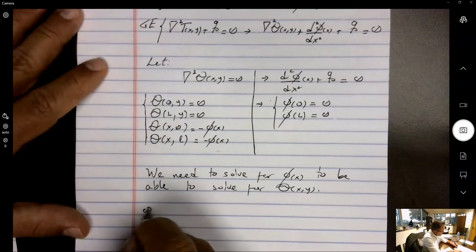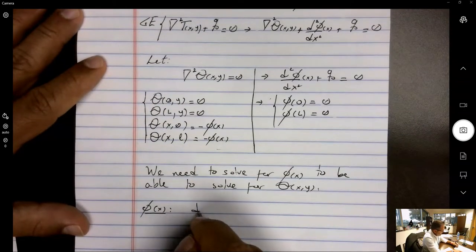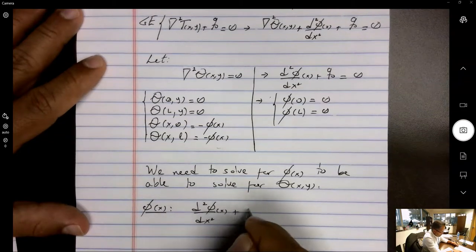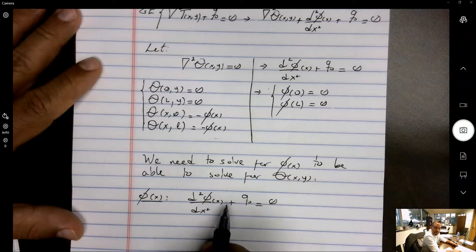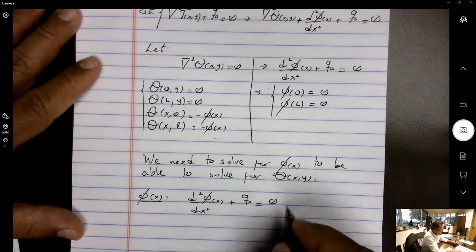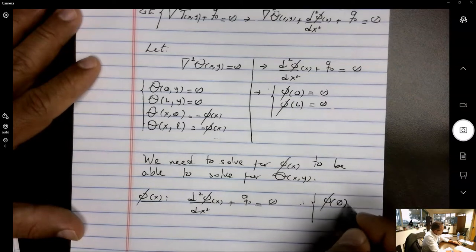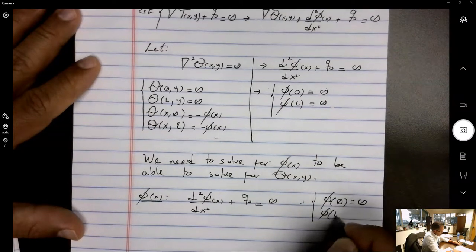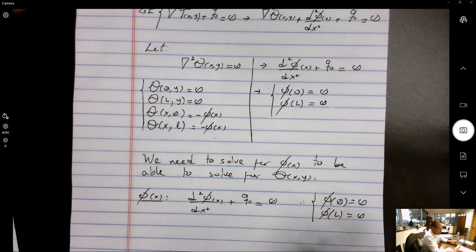And the way it goes is, if we want to solve for phi of x, remember the equation we're solving for is this very simple ordinary differential equation, second order, but there's no first order, there's no zeroth order, there's just a non-homogeneous term. So there's no first derivative or zeroth derivative of phi. So this is actually quite simple. All we need to do is integrate twice q0 to get to phi.